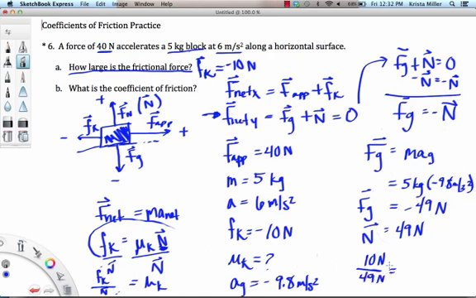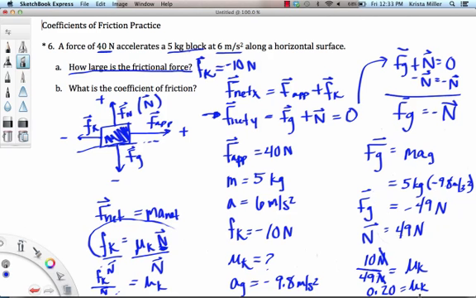If we do the math, we're supposed to get the coefficient of kinetic friction. You take 10 and divide it by 49, and you should see that your newtons cancel, which is good, and it leaves you with 0.20 as mu sub k.